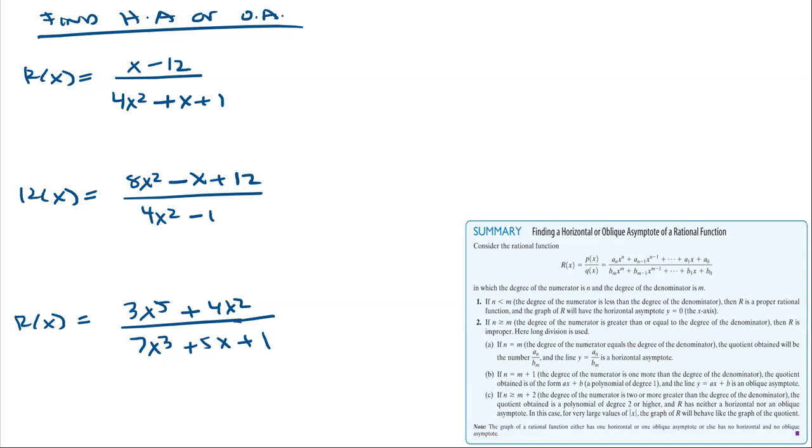We're just looking at the leading terms of the function and comparing them. In this case, I'm going to compare this term to this term, particularly the power. This one is x to the first power, and this is x to the second power.